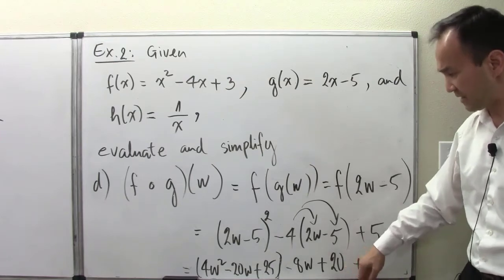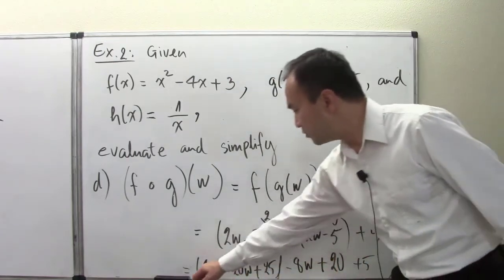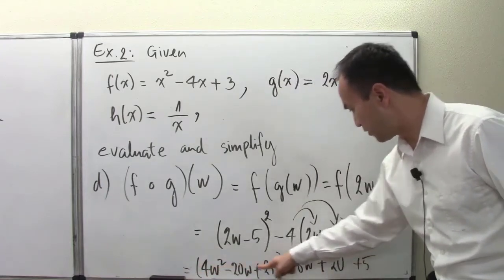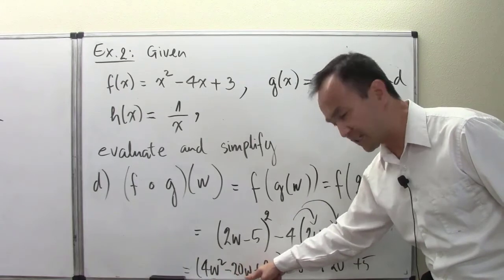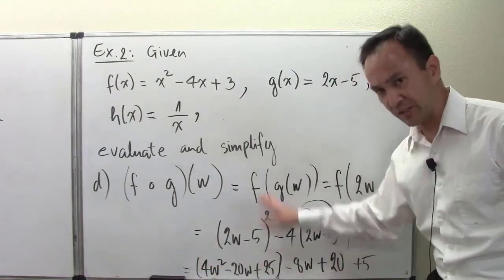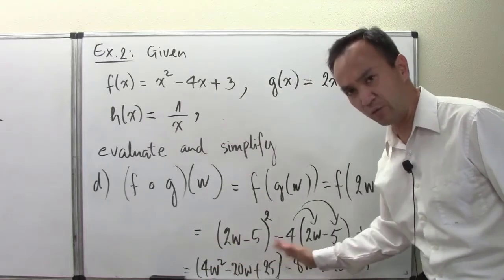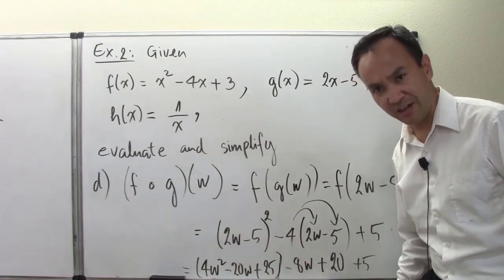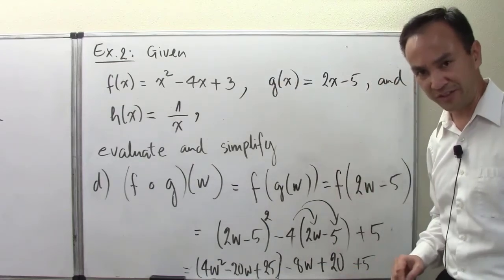But before we move on to the other board, let's observe. We have that trinomial, 4w squared minus 20w plus 25, still in parentheses. In the next step, I am going to take away parentheses and start combining like terms. So have a good look before I completely move over to the other board again.